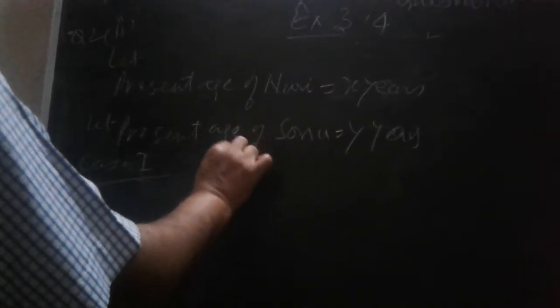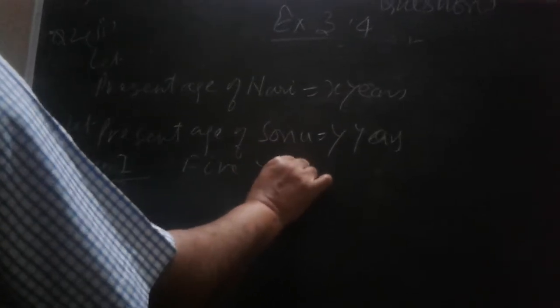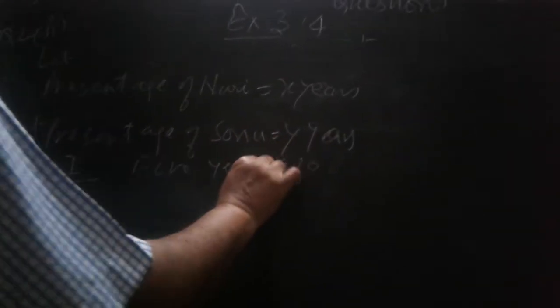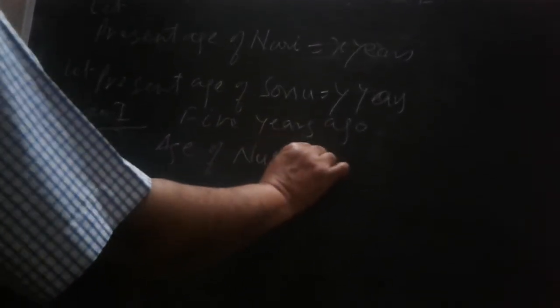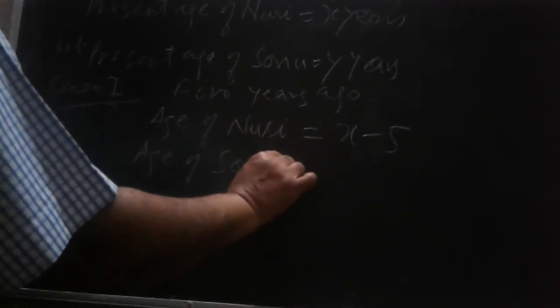Now, according to the condition, case 1, 5 years ago. What will be the age of Noori? Present x years, and 5 years ago it will become x minus 5. The age of Sonu 5 years ago was y minus 5 years.